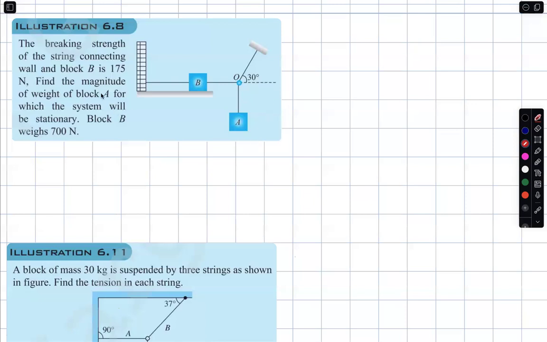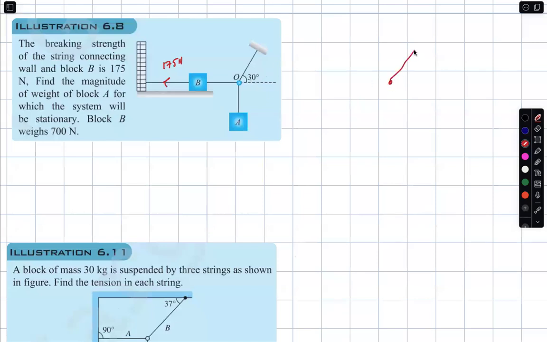The breaking strength of the string connecting the wall and the block, the maximum tension in this case, is 175 Newton. Find the magnitude of weight of the block A for which the system will be stationary. I don't see any different question here.